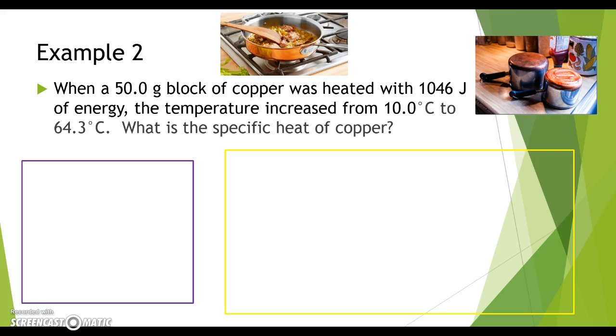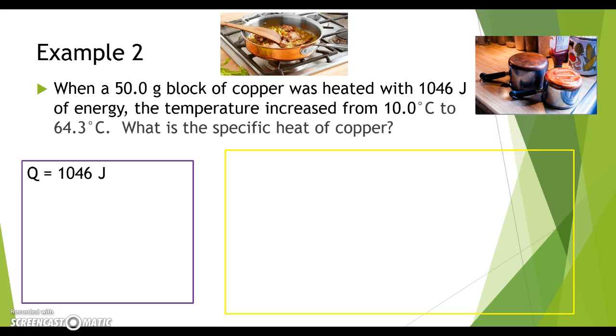Let's do example 2, which involves copper. When 50 grams of copper is heated with 1046 joules of energy, the temperature increases from 10 degrees Celsius to 64.3 degrees Celsius. What is the specific heat of copper? Again, first thing we want to do is identify the givens.